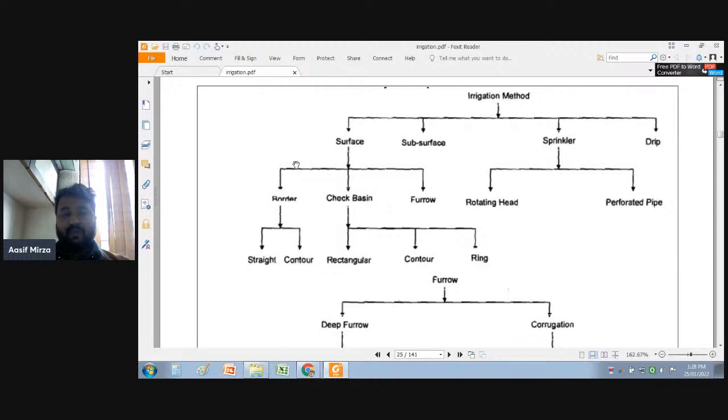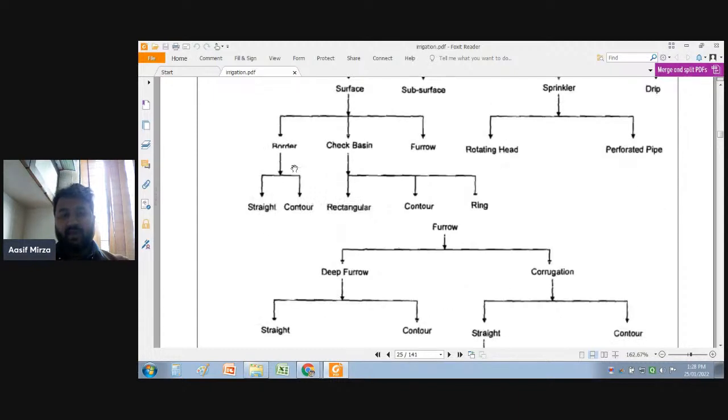Border surface irrigation is again classified into two: straight and contour. Check basin surface irrigation is classified into three, that is rectangular, contour, and ring check basin. Now, the third classification of surface irrigation, that is furrow. The furrow method is again classified into two, that is the deep furrow and the corrugation.